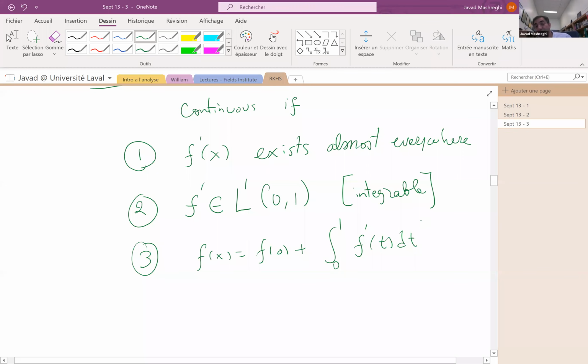We have to have all three properties. In this case, our function is called an absolutely continuous function.